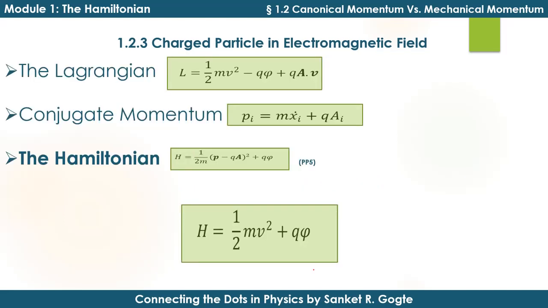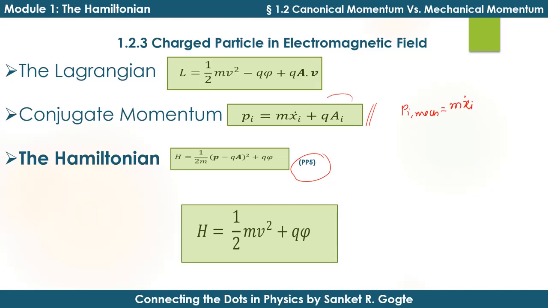So this is the Hamiltonian that we have obtained, and now we want to ponder upon a few points. First is this conjugate or canonical momentum. In this, P is clearly not the mechanical momentum, which would have been simply m times xi dot.